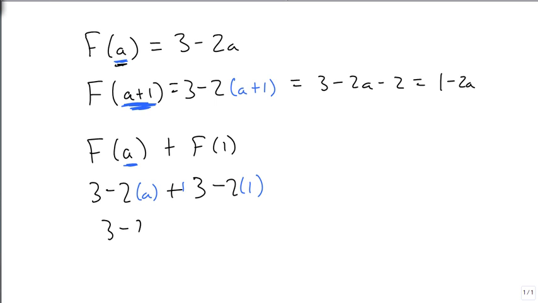So we get 3 minus 2a plus 3 minus 2, combine like terms, and we get 6 minus 2 is 4 minus 2a. Notice this is different than what we had before because the plus is between two different functions instead of inside the parentheses, and that makes a big difference as we're evaluating these functions.